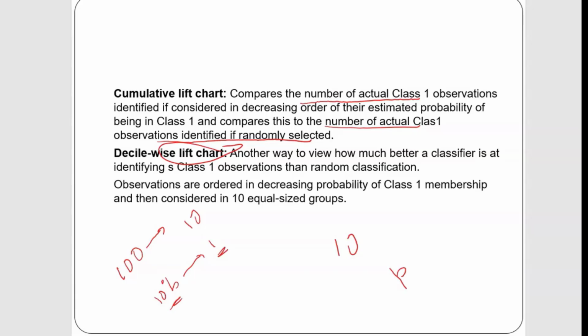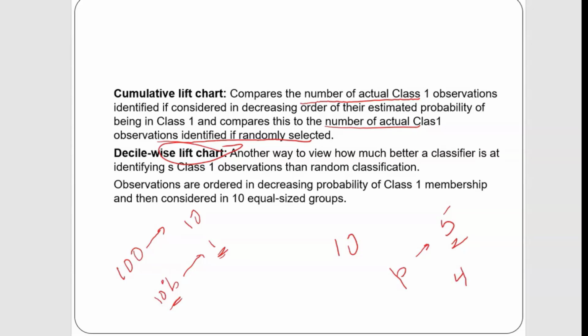However, now suppose that in these top 10 people, we have correctly identified 5 people belonging to class 1. So our model is doing actually 5 times better than what randomness would say. Now let's look at the next 10 people. Suppose in that next 10 group, we correctly identify 4.